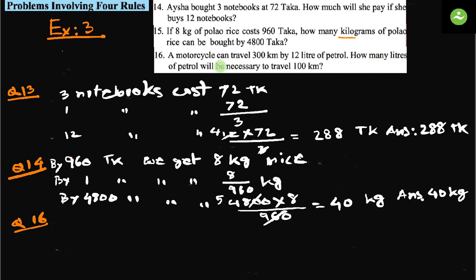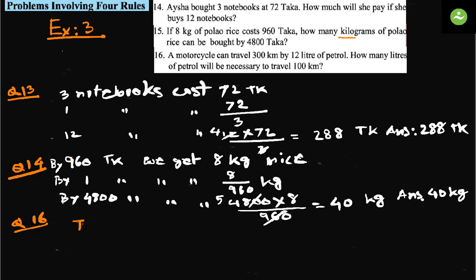So we should put the liter on the right and kilometer on the left, because we have to find the liters. That is why we put liters on the right. It is already in that order. So we can write: a motorcycle can travel 300 km by 12 liter petrol.